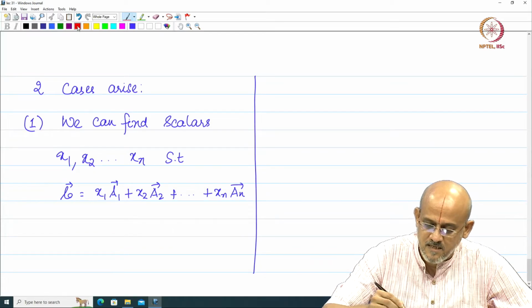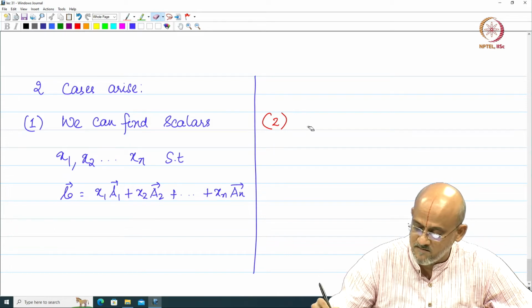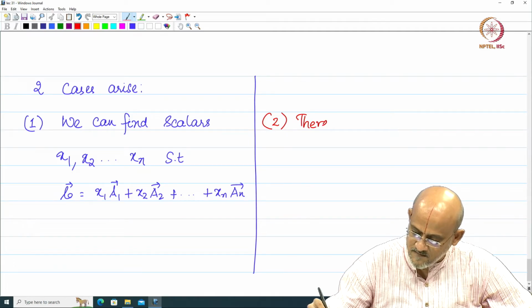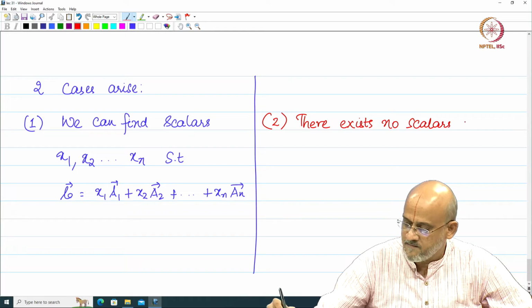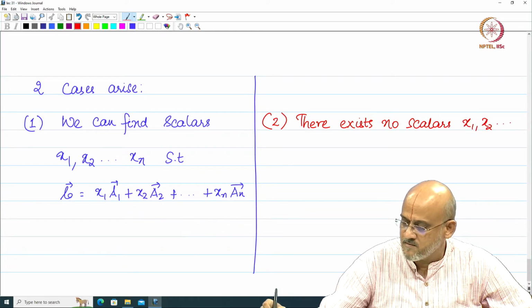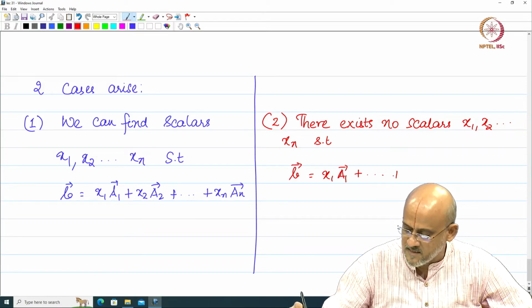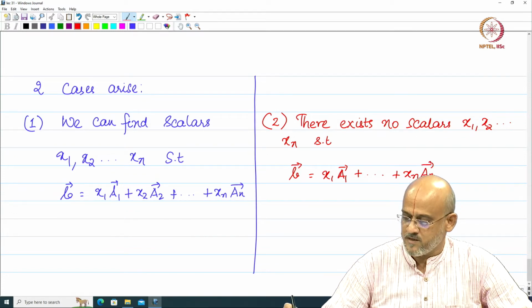The second case is interesting. We cannot: there exist no scalars x1, x2, etc., xn such that B is equal to x1 A1 plus etc. plus xn An. This is what it is.